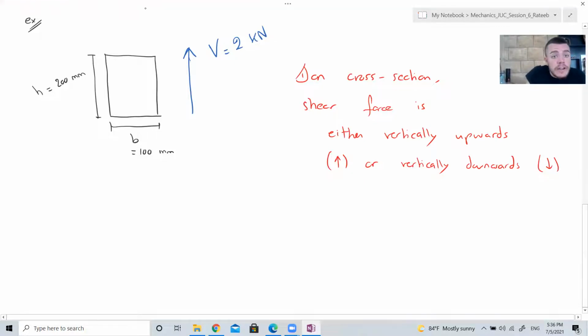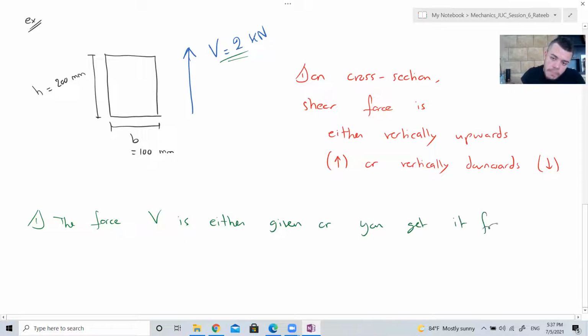هيدا الشير فورس، إما بيكونوا هن عاطينكم اياه، أو you get it from the shear force diagram. Okay, so the force V is either given or you get it from the shear force diagram.